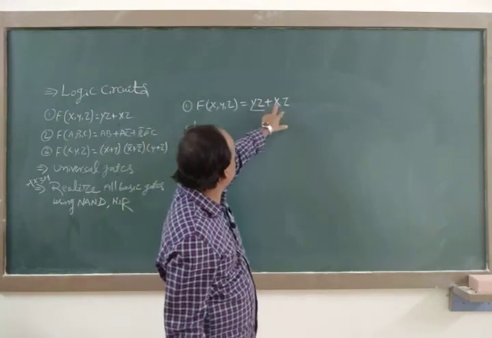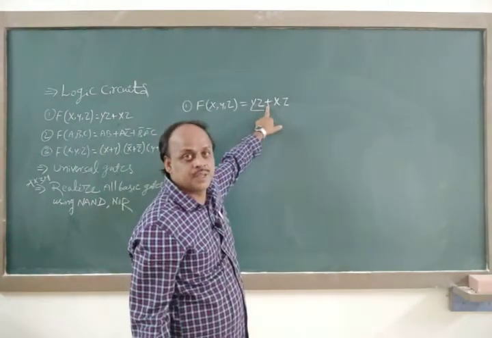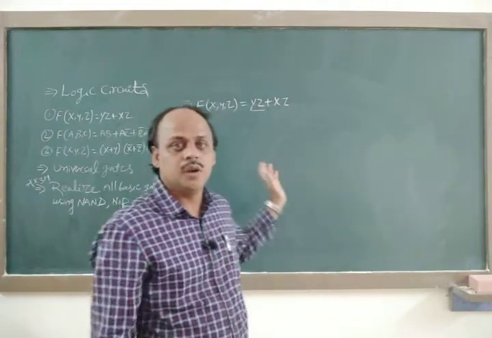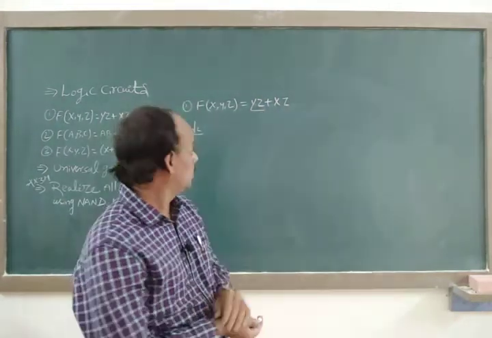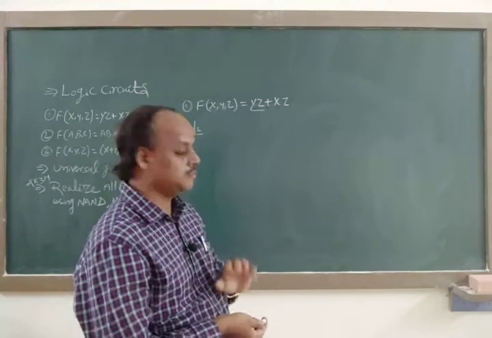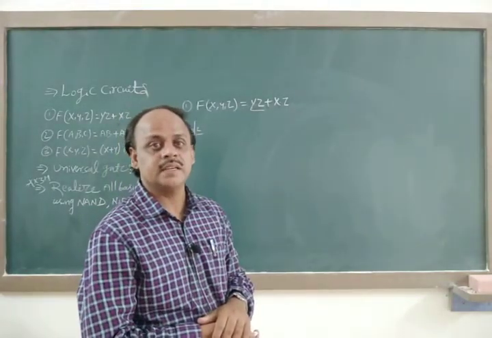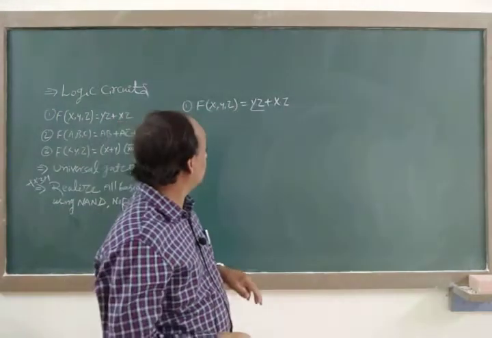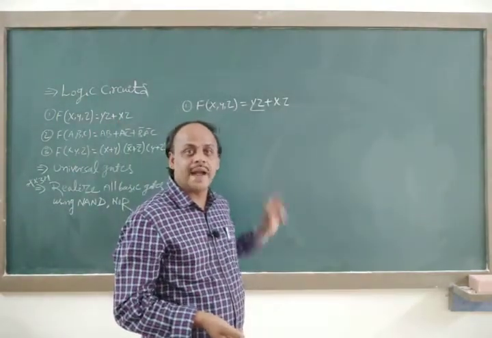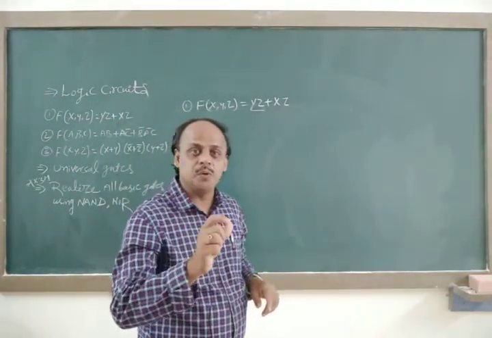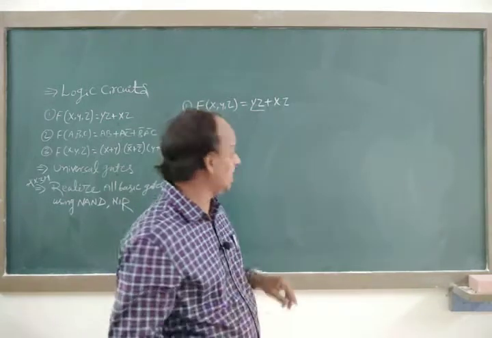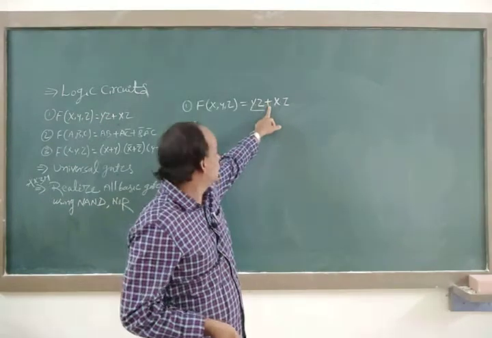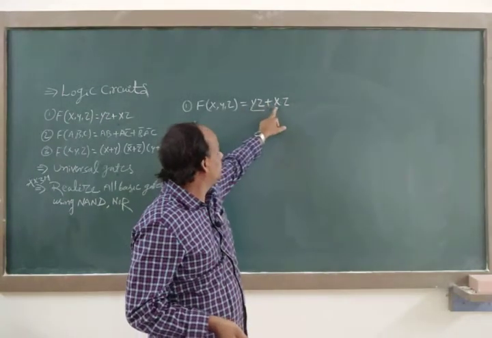Between these two terms the plus operation is there, that indicates OR gate. So to draw the logic diagram, for the first and second terms we have to consider two AND gates, and afterwards we have to take those two AND gates' outputs as input to the OR gate. Then we get the result as y into z plus x into z.